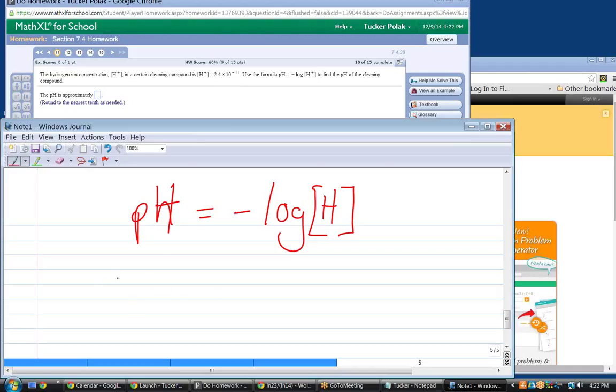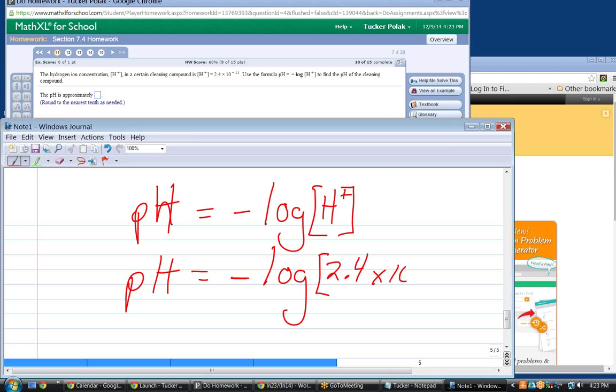So, if pH is equal to minus the log of H plus, and H plus is 2.4 times 10 to the minus 11, then the pH is this number.